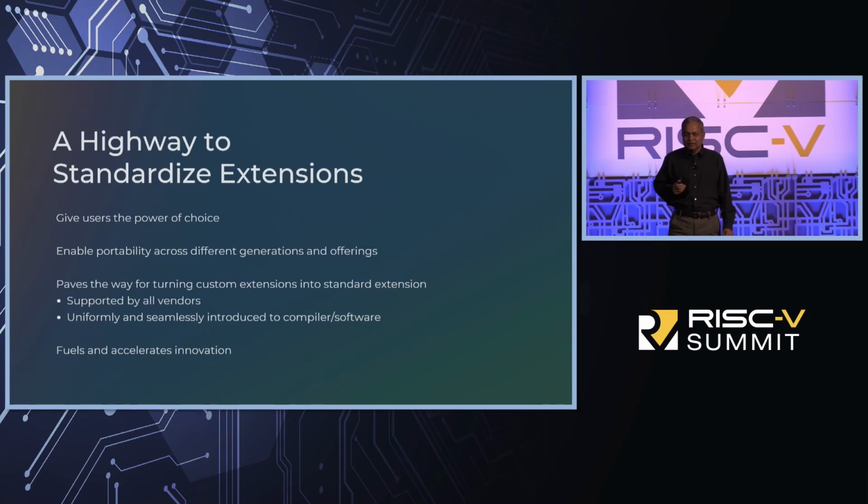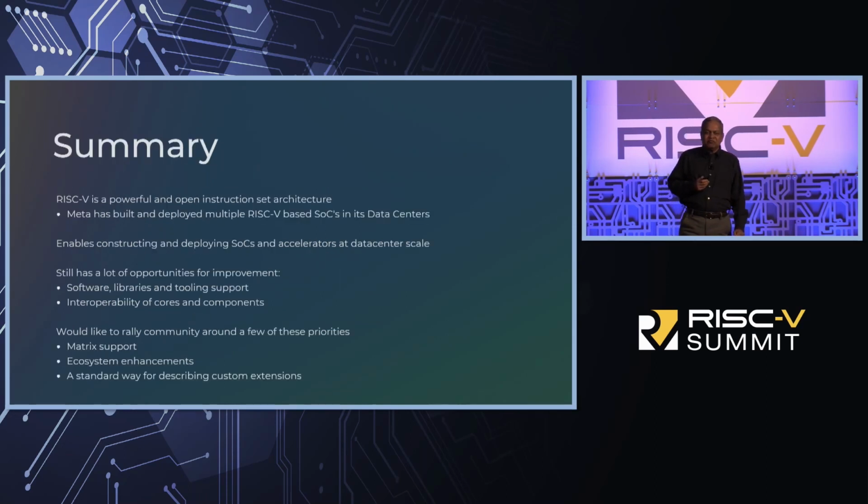That's what we feel. In summary, we clearly understand that RISC-V is a powerful and open instruction set architecture. We have clearly embraced it; we have built and deployed multiple RISC-V based SoCs in our data centers. We continue deploying those. It enables constructing and deploying SoCs and accelerators at data center scale. We are fully convinced, right?